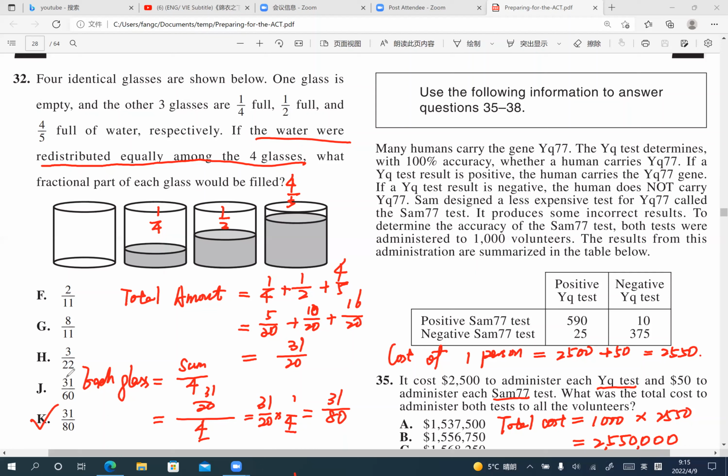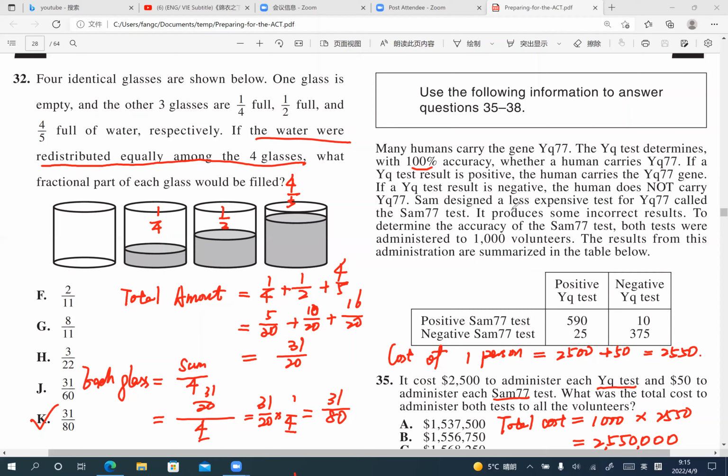Use the following information to answer questions 35 to 38. Many humans carry the gene YQ77. The YQ test determines with 100% accuracy whether a human carries YQ77. If a YQ test result is positive, the human carries the YQ77 gene. If a YQ test result is negative, the human does not carry YQ77.